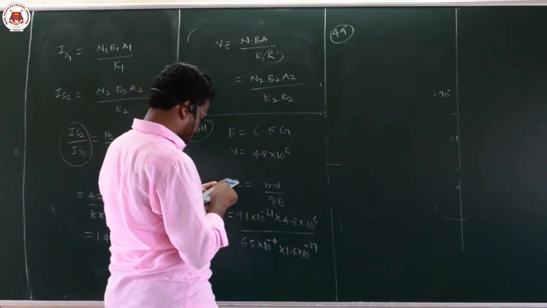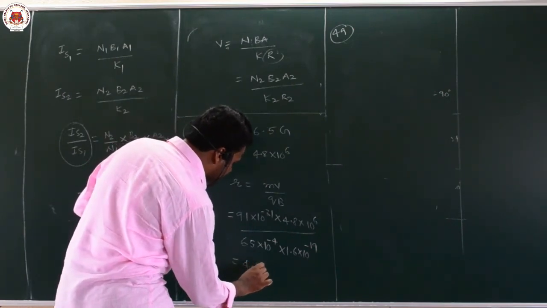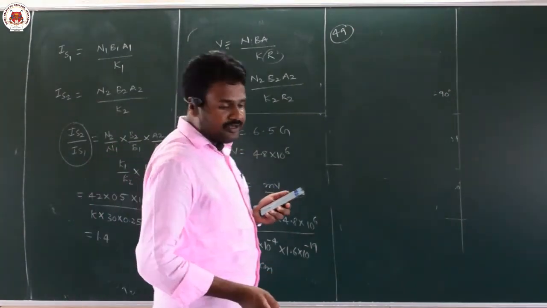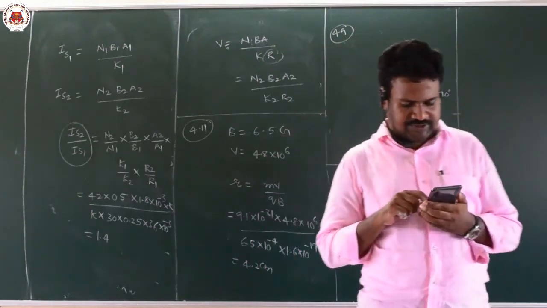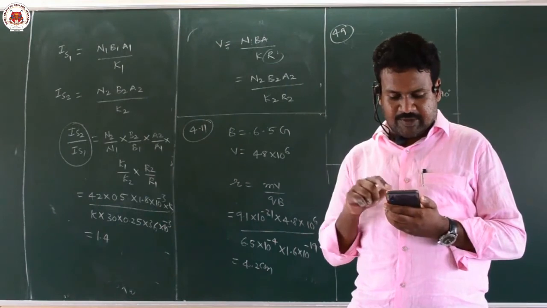Then you will get the radius as 4.2 centimeters. And why it will take a circular path, I already explained in the regular videos. You can see the motion of the particle in a magnetic field.